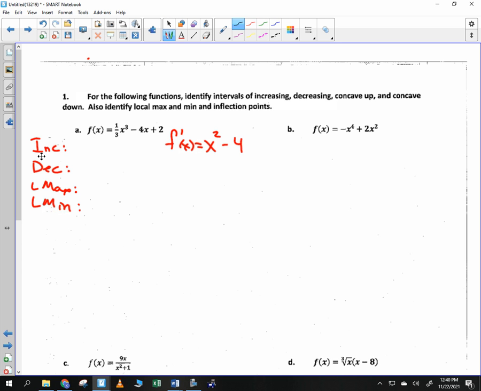Do you know what the graph of that derivative looks like? It's a parabola, shifted down 4. Anybody know the x-intercepts of that parabola? Plus or minus 2? Okay.